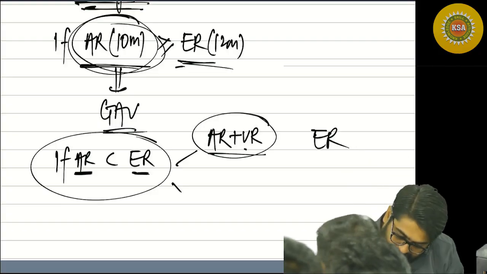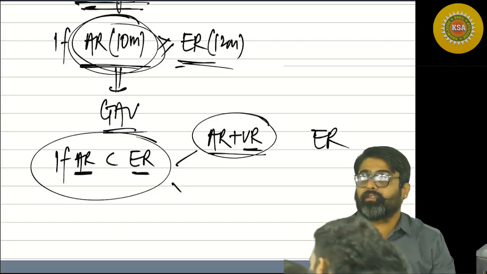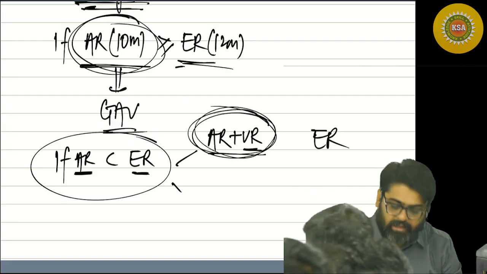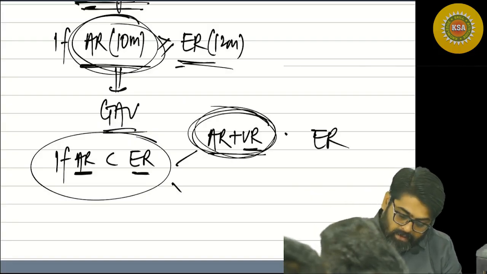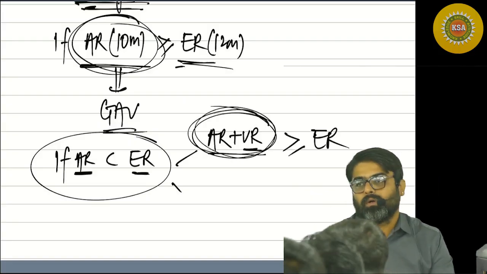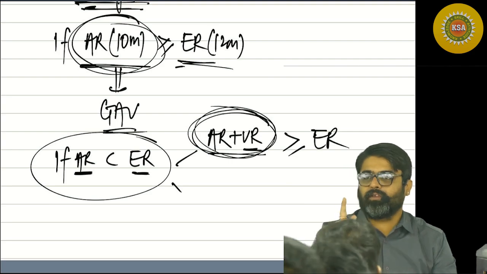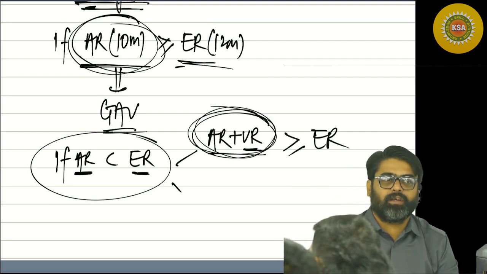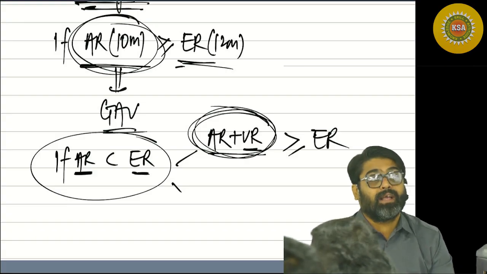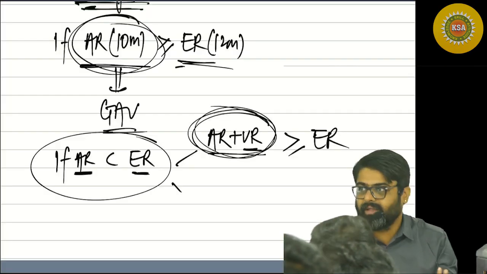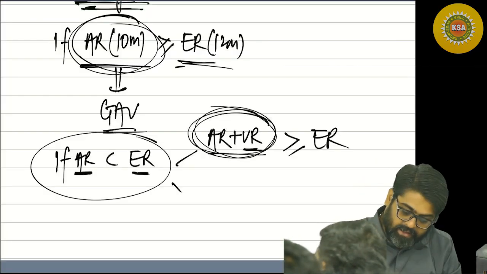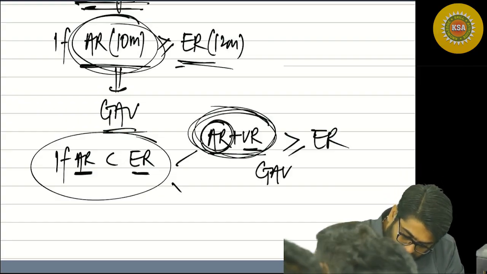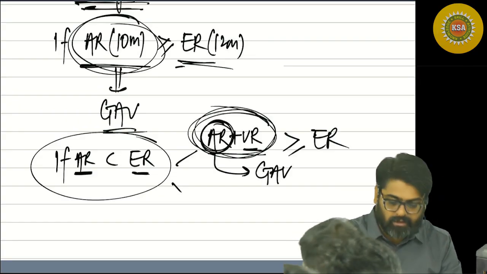Now after adding the vacancy rent, what did I say? After adding the vacancy rent, if the total is greater than or equal to expected rent, that means vacancy was the reason because of which your actual rent was lower. Yes or no? In that case, the actual rent will be treated as GAV.